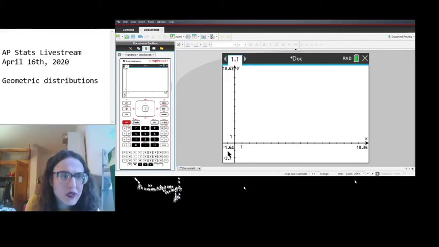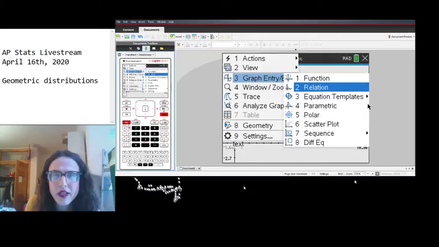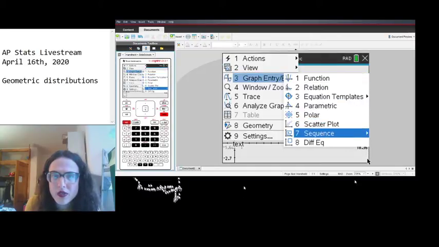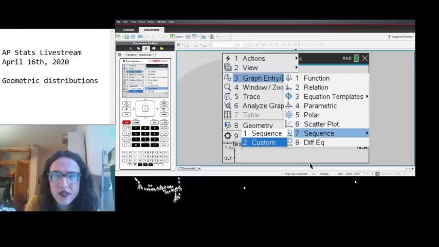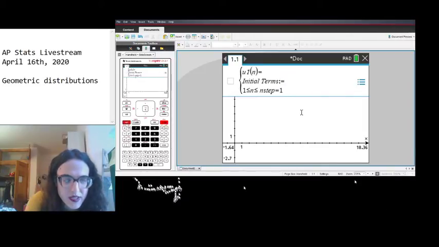We're going to have to zoom this in a weird way, but let's do this first. All right, graph entry. I'm going to do a sequence. Let's not go up to 99; we don't need to stress this thing out too much. We'll go up to like 25.